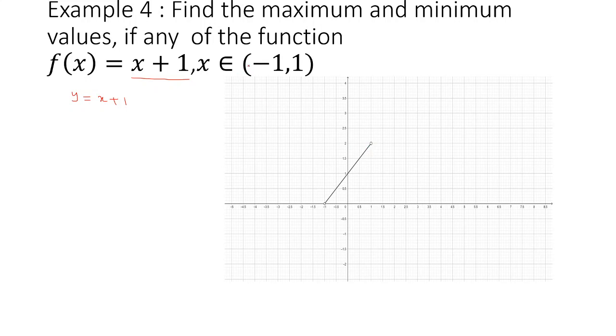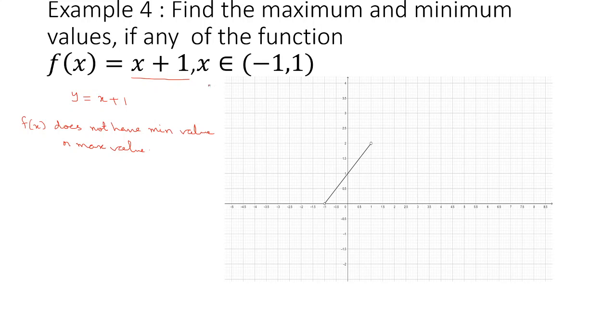Because of that, we cannot find any maximum or minimum value for this function. Because the interval is an open interval, this function f of x does not have a minimum value or a maximum value.